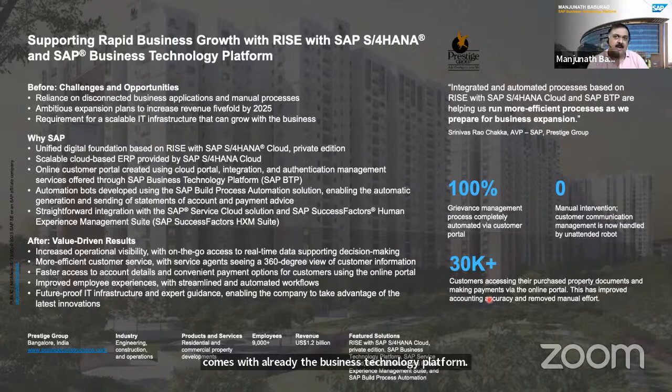So business technology platform is already part of the Rise with SAP offering that is coming out of SAP. So they chose to do this, and they really went for what is called an ambitious digital transformation into a single vendor IT landscape, right?